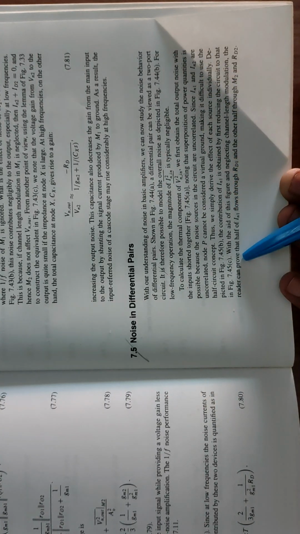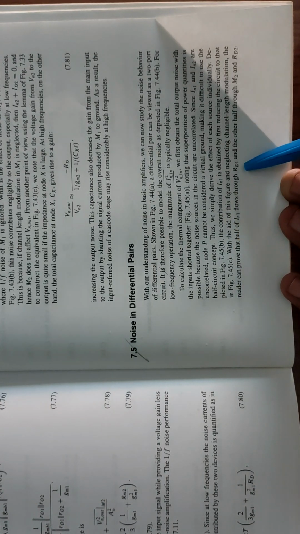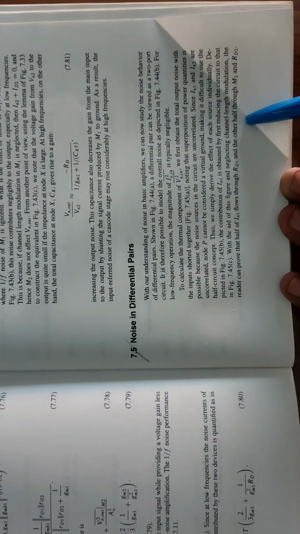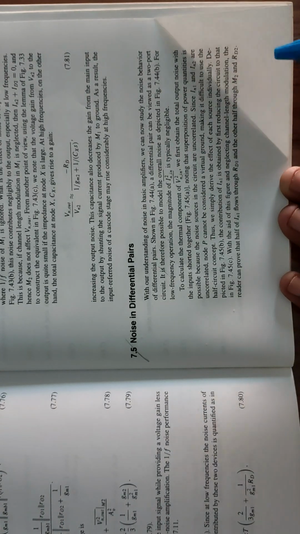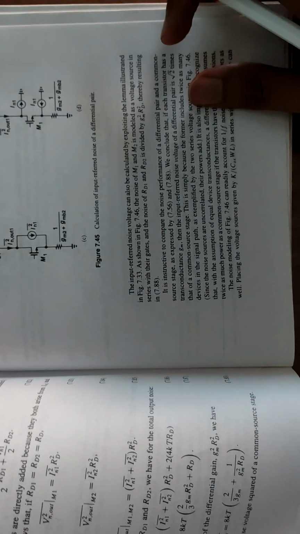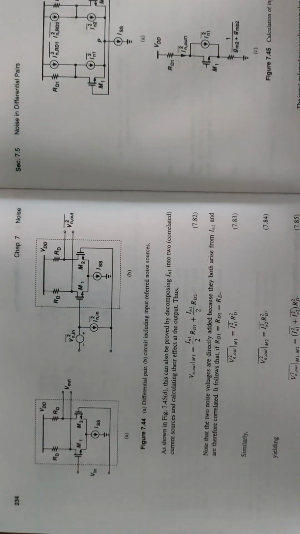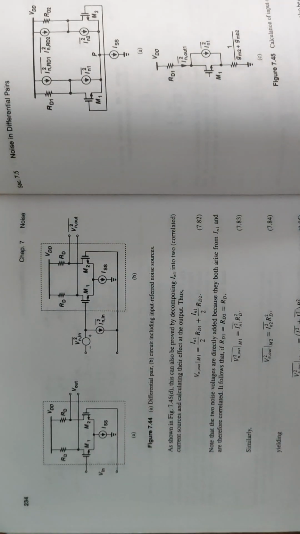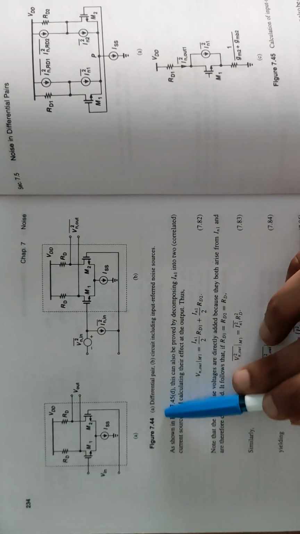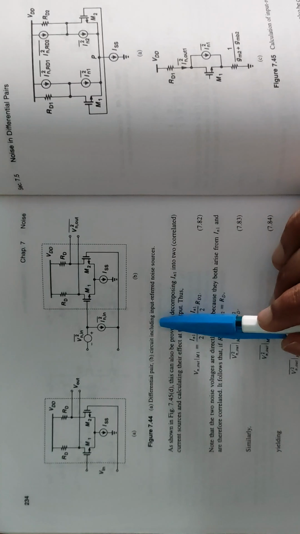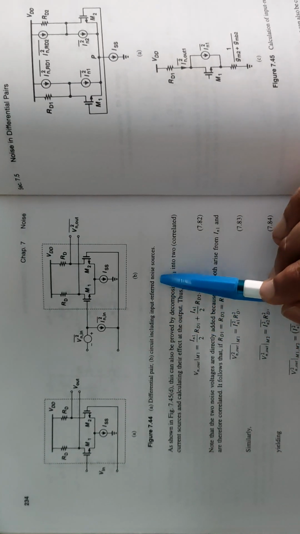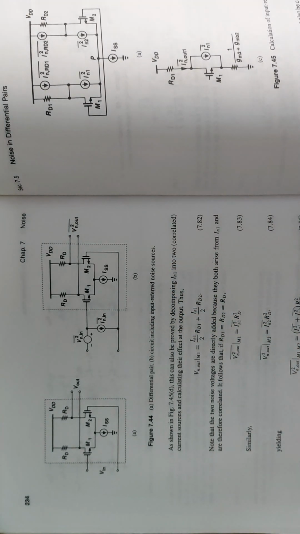The reader can prove that half of I_N1 flows through R_D1 and the other half through M2 and R_D2. Here you can see in this figure: A, differential pair; B, circuit including input referred noise sources.